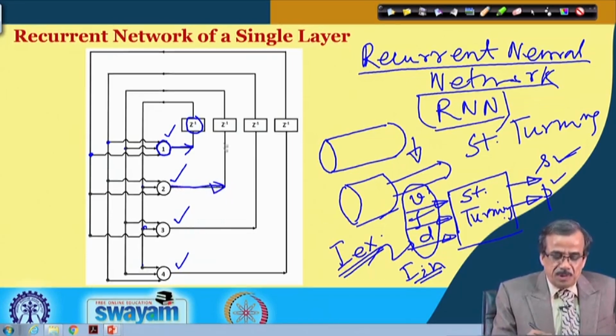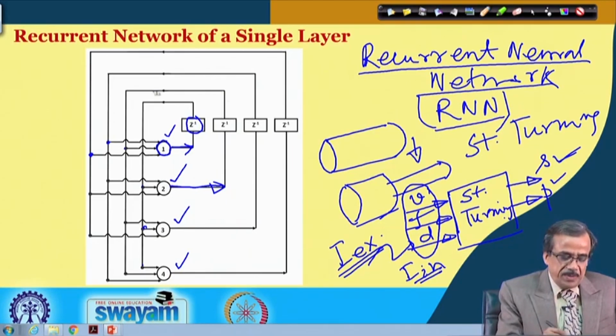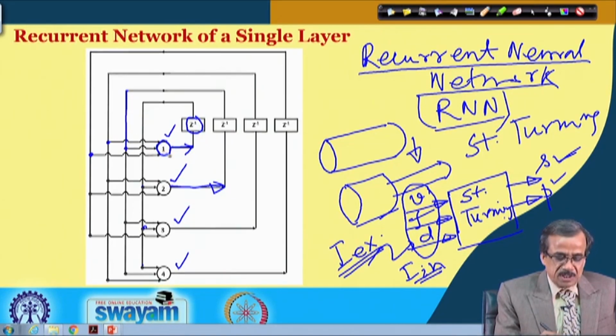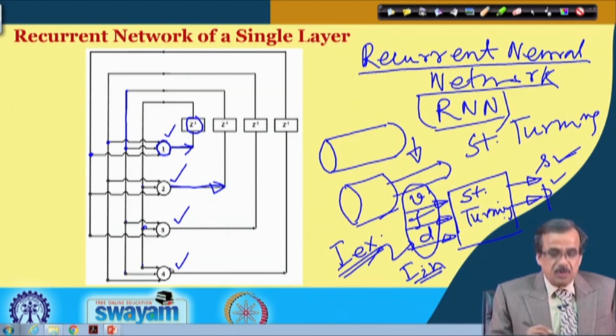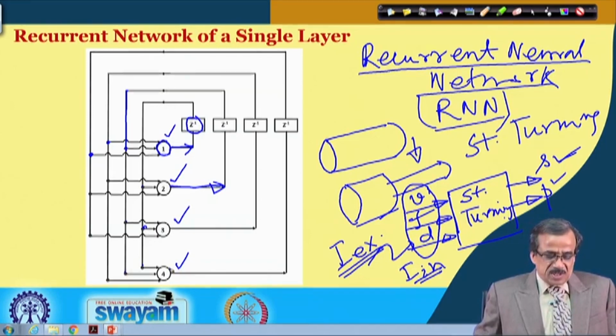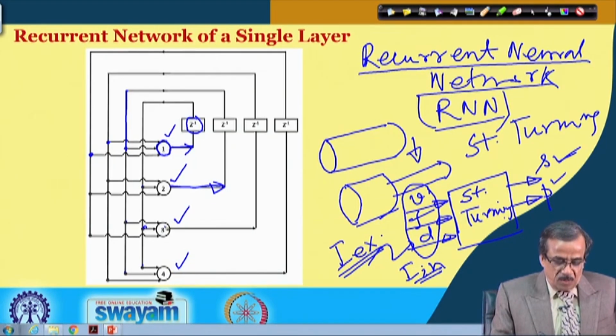Now, this output will be fed back, and this particular output will enter the first neuron, then it will enter the third neuron, and it will also enter the fourth neuron. Now, let us concentrate on the third one.